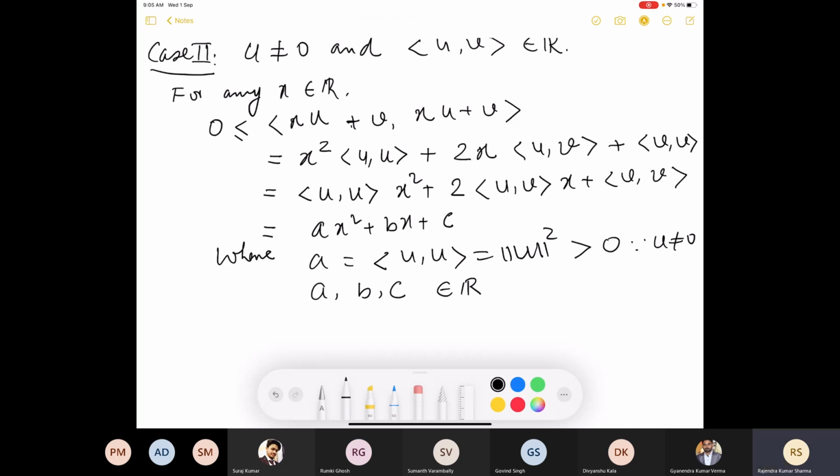So what we have here is ax² + bx + c is non-negative, a is positive, a, b, c are real numbers.